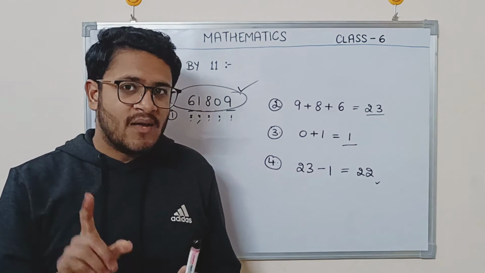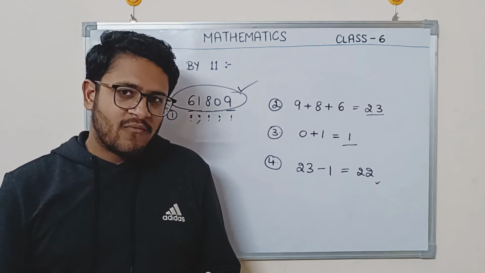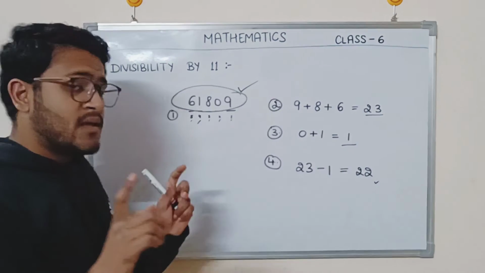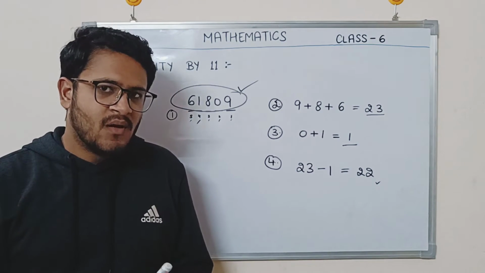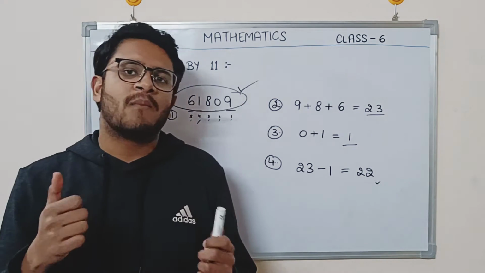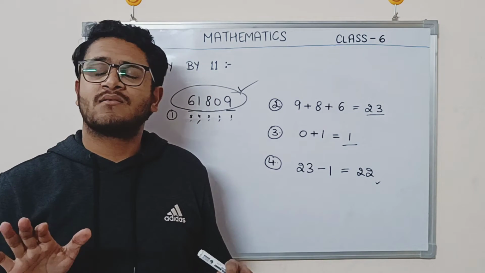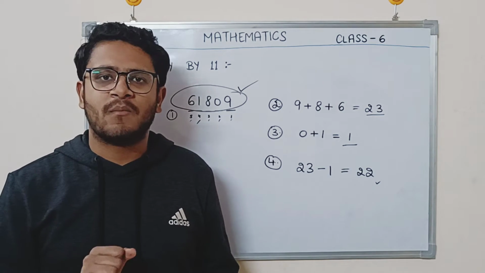A point to be noted here is that the difference will be either 0 or a multiple of 11, then the whole number is divisible by 11. If the difference is not divisible by 11, then the whole number is not divisible by 11.